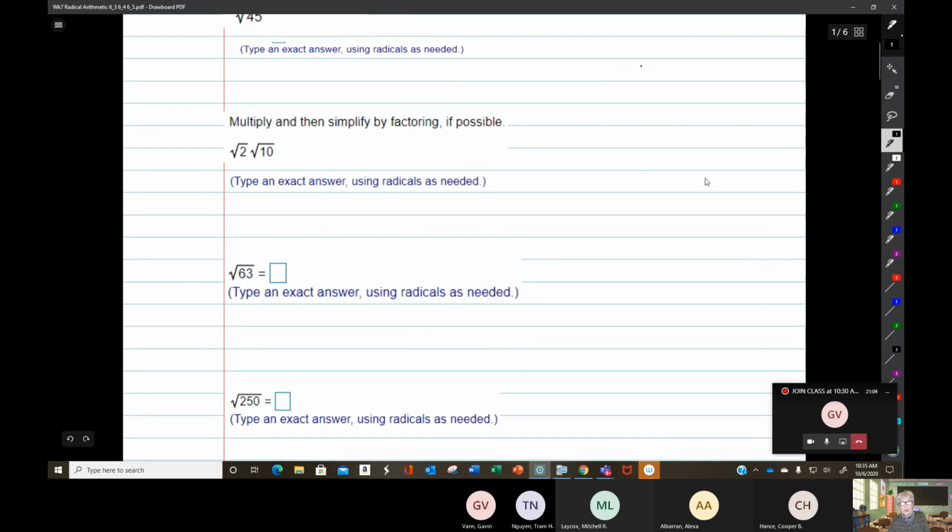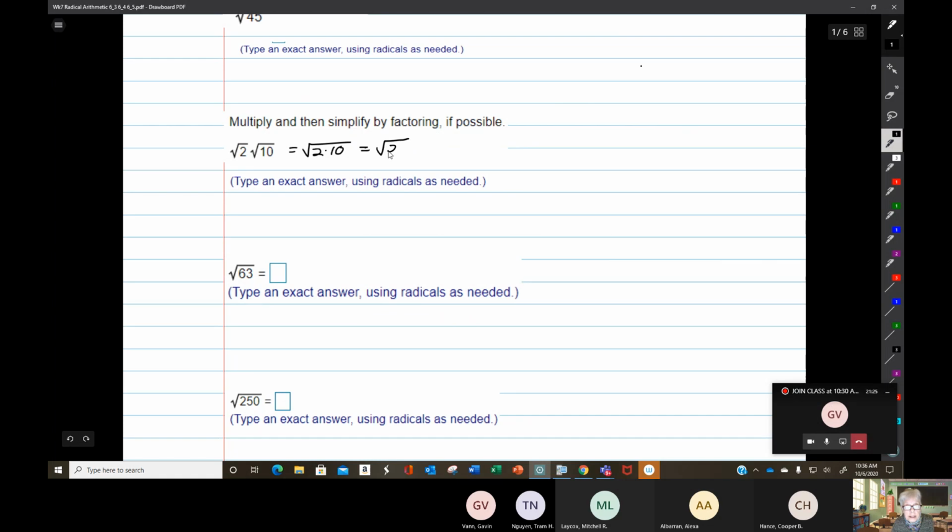Okay, now here we have the square root of 2 times the square root of 10, which we could easily multiply just directly since they're both square roots. We could say, well, this is the square root of 2 times 10, which is the square root of 20.